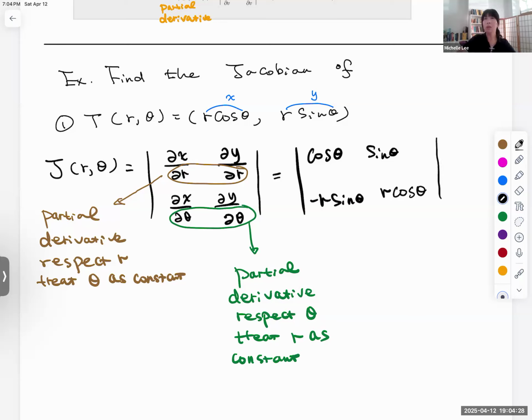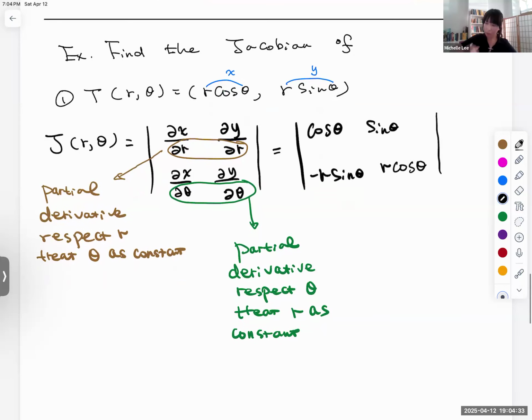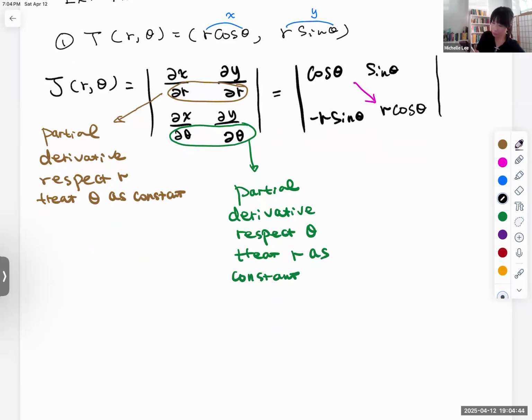Okay, now we want to make a 2 by 2 determinant, right? So like this. I am right-handed, so this one first, and then that. Normally for the Jacobian we have to have an absolute value, so let's talk about that later.